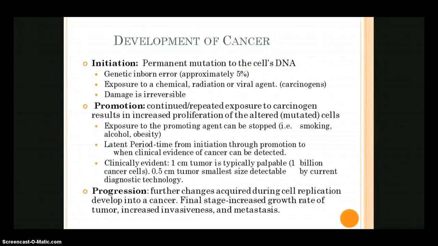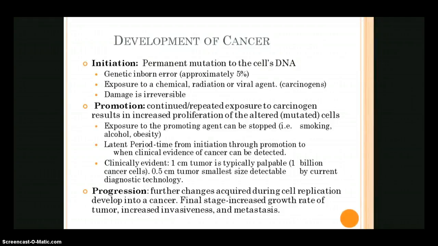What has to happen next is, over a period of time, we go into this promotion phase. This is when we have continued or repeated exposure to the carcinogen. And as we have that continued or repeated exposure, those mutated cells begin to proliferate, okay? We can change things by taking away the promoting agent. For example, probably the most obvious one is smoking.